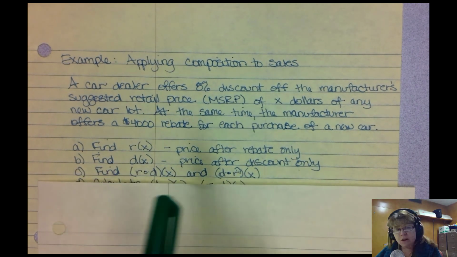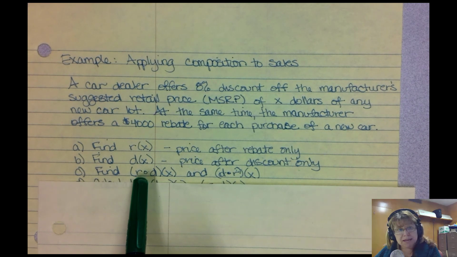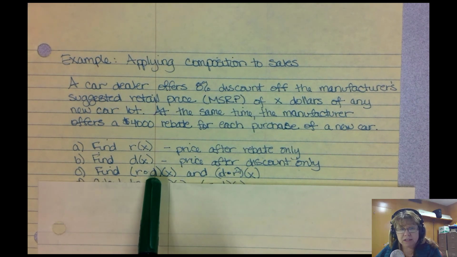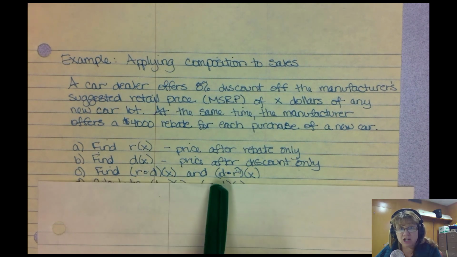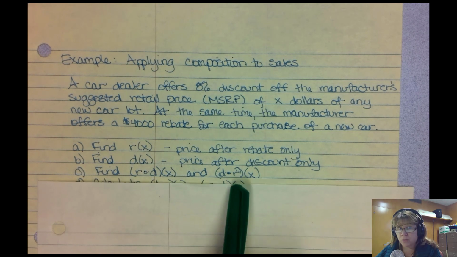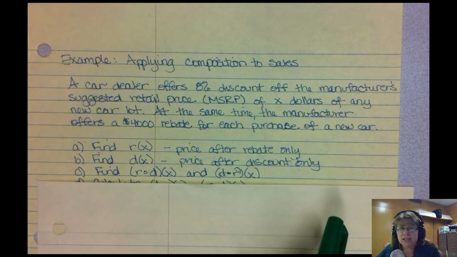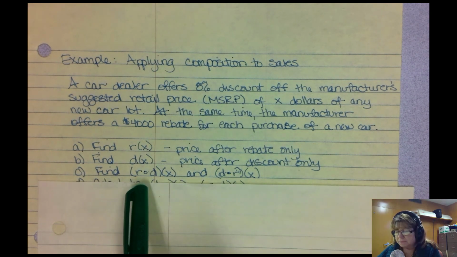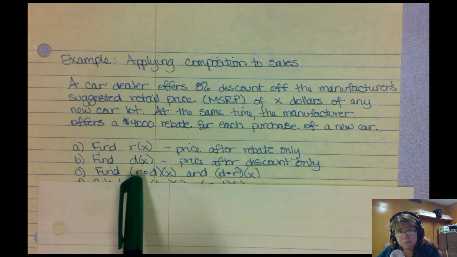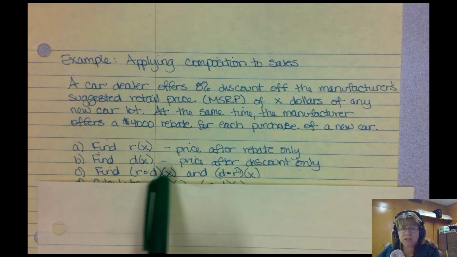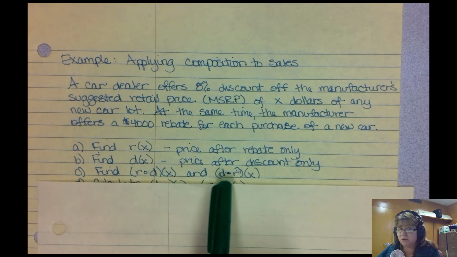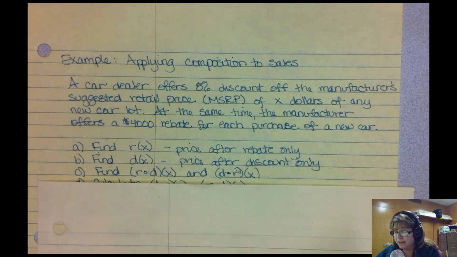And then we're going to figure out rebate composed with our discount and our discount composed with our rebate, and see if these two things are any different. Think about it. Do you believe that the rebate composed with the discount is going to be the same as the discount composed with the rebate? We'll find out.